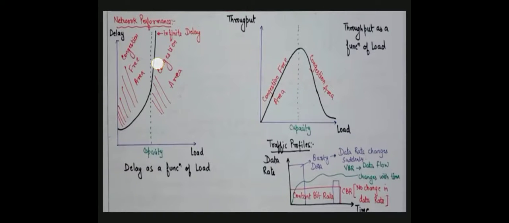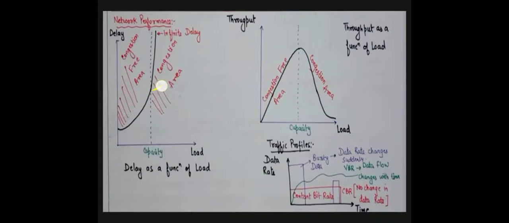Below this dotted line is called the congestion-free area, meaning no traffic is going to be present. In load versus delay, below the capacity congestion does not happen, there is no collision, and there is no waiting state of packets over the network.